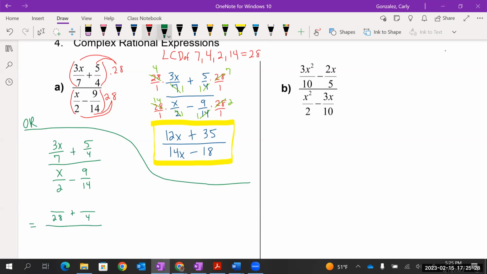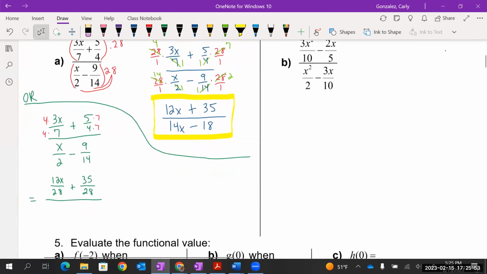And so on the top left, I'll multiply top and bottom by 4. Top right, I'll multiply top and bottom by 7. So I get 12x over 28 plus 35 over 28. And then I'll do the same on the bottom.